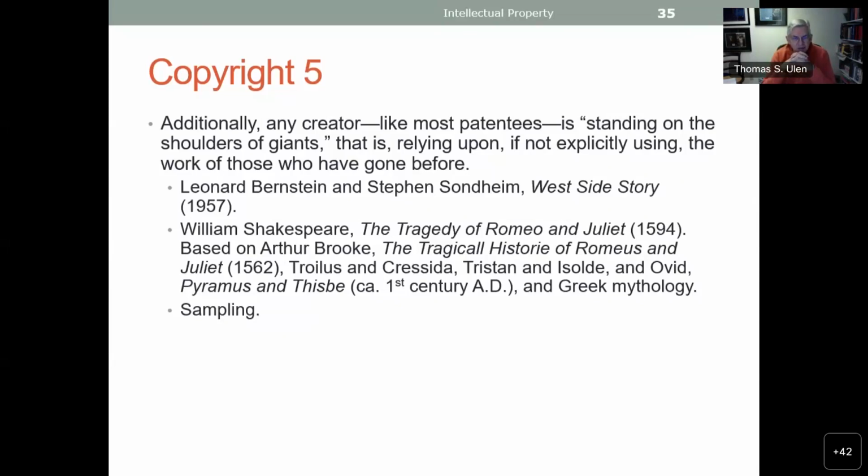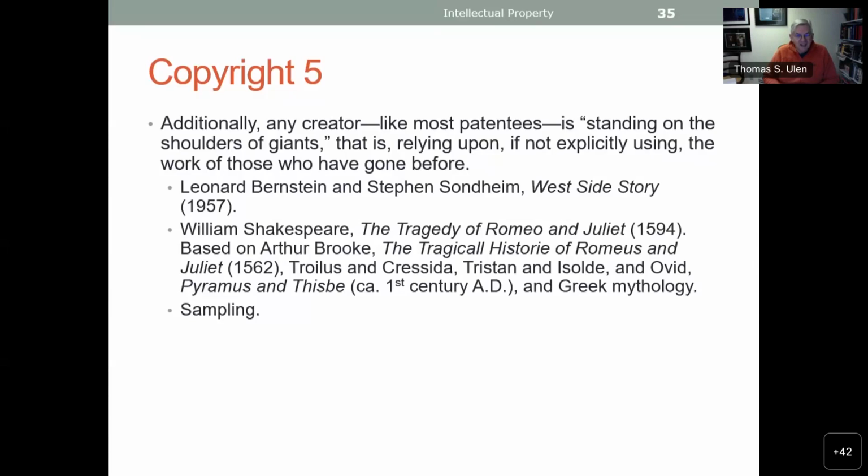That play by Shakespeare is a great, great play, but it borrows from a book that was published just before Shakespeare was born in 1564, a book called The Tragical History of Romeo and Juliet. Shakespeare was borrowing from Brooke. Brooke was borrowing from Ovid.